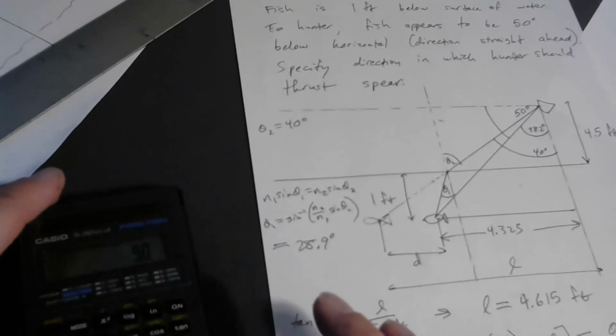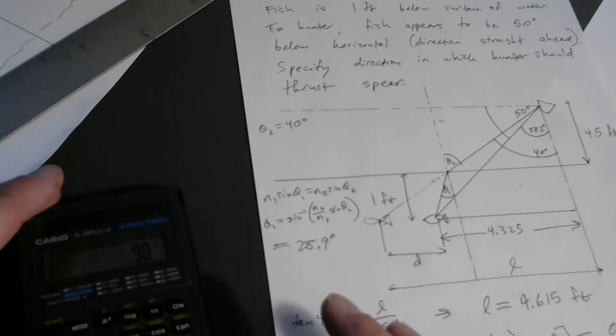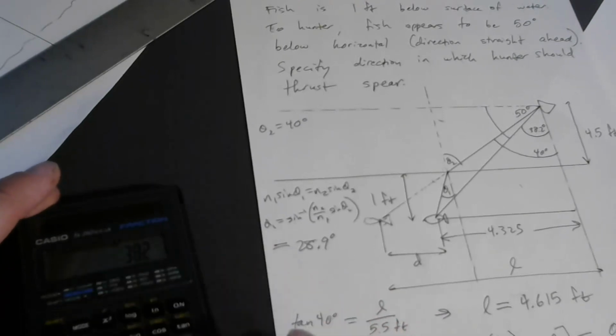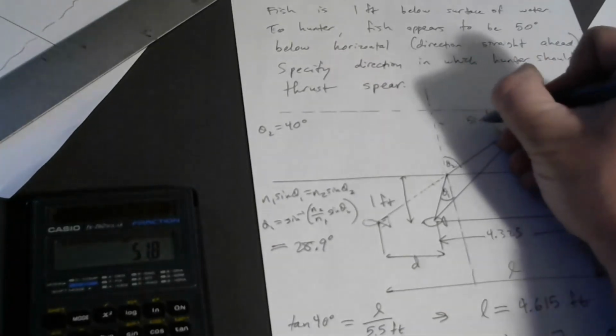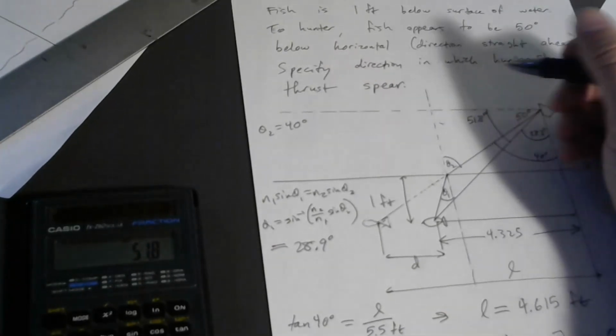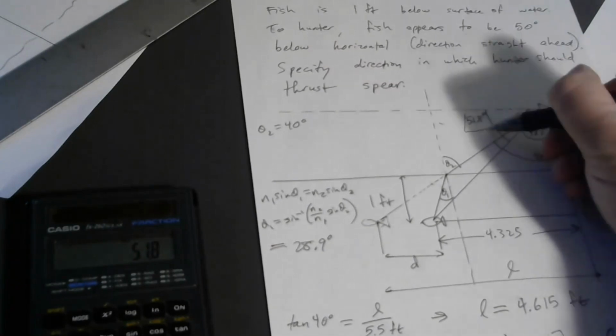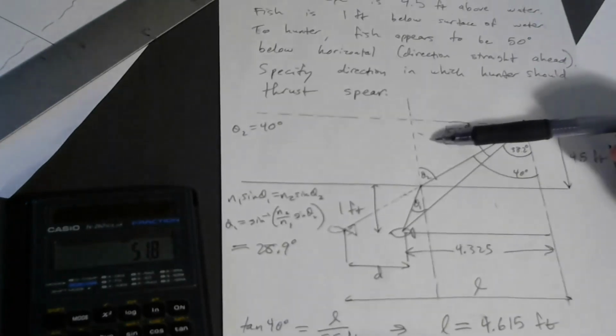90 minus 38.2 is 51.8. Well, you could just round that to 52 degrees.